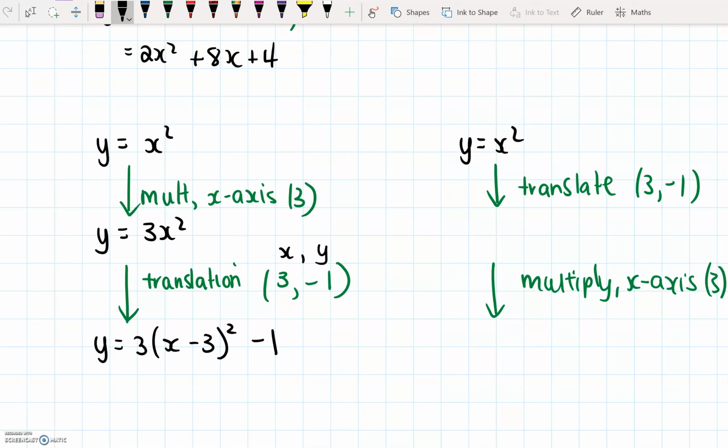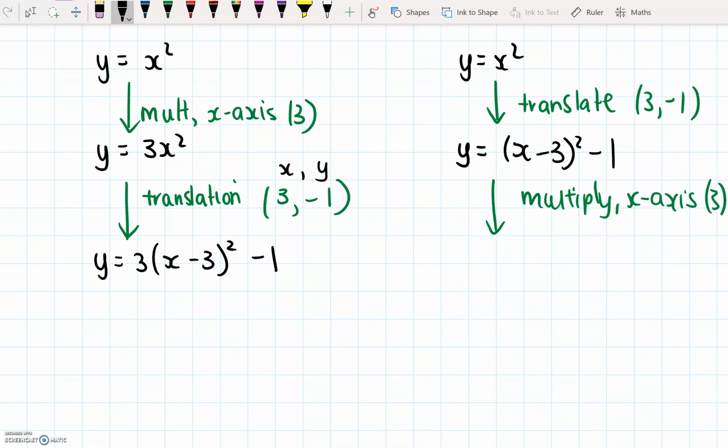If you do the translation first, it actually changes the resulting equation. So let's try that. We've got y equals x squared. If we translate it (3, -1), we get y equals (x minus 3) squared minus 1. Now if we then multiply, this is where, as I said, it becomes a little different.